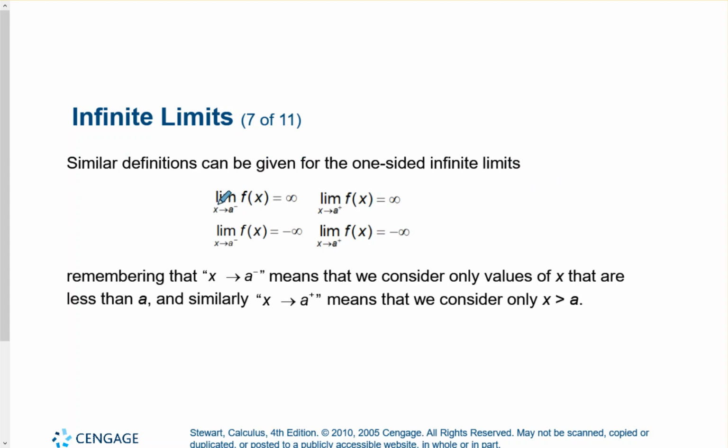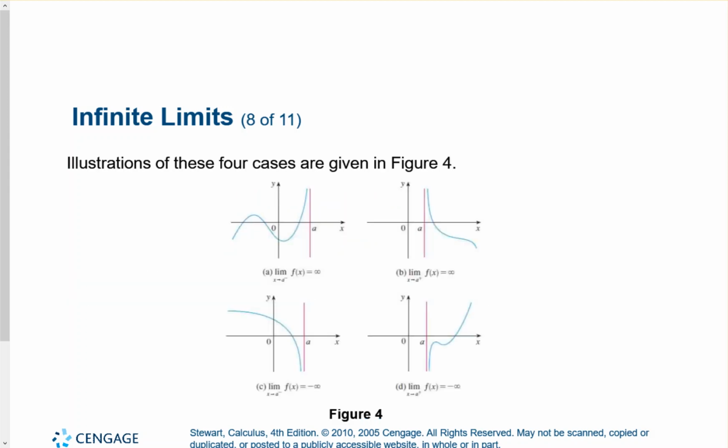We could say similar things for the one-sided limits: limit as x approaches a from the left, limit as x approaches a from the right. So we see some cases if we're doing the one-sided limits.